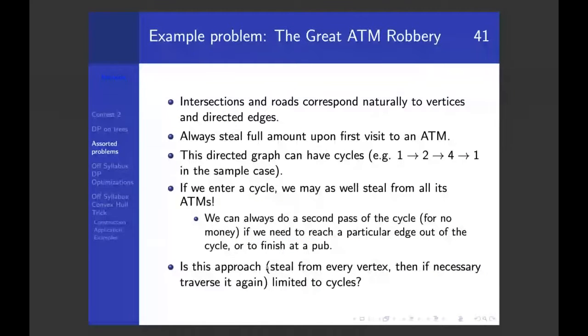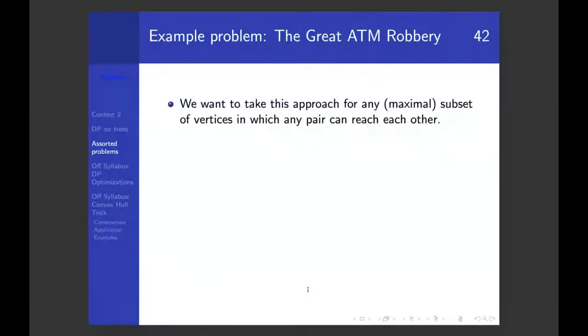This approach, steal from every vertex and traverse it again, is limited to cycles. Hopefully you can see, if we're at some node, we want to take everything in the maximal subset in which every pair of vertices can reach each other.